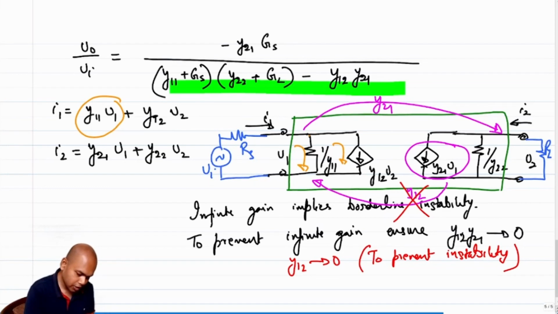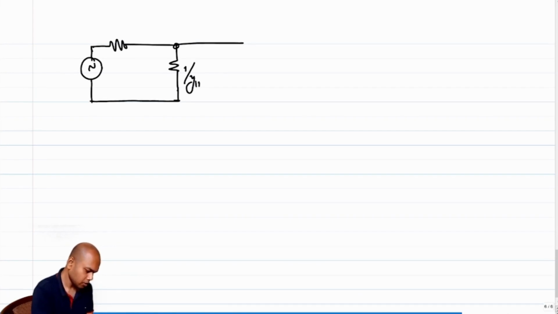So let's go to the next page and redraw this circuit again. So if Y12 is 0, I don't have anything there. So let me not sketch it.